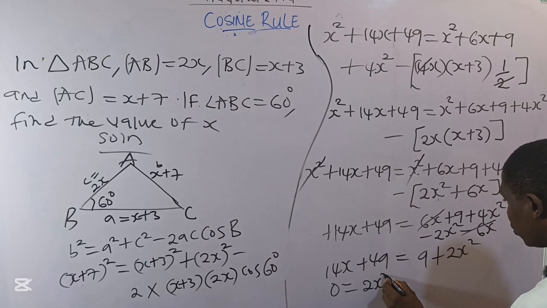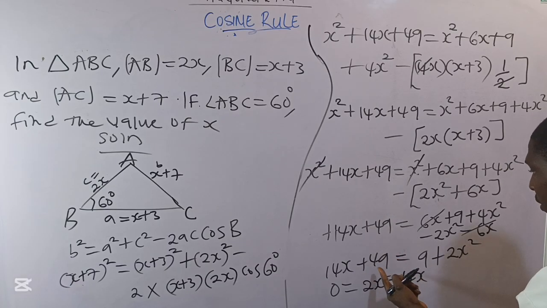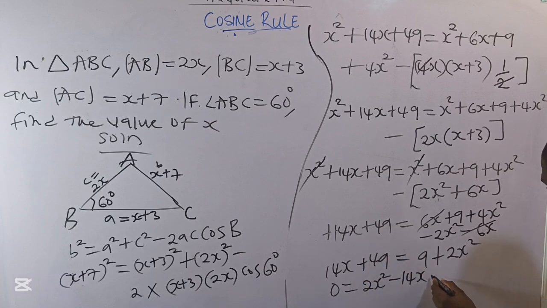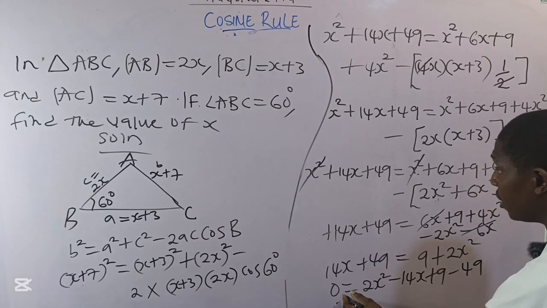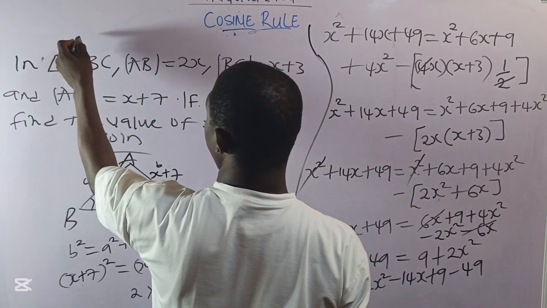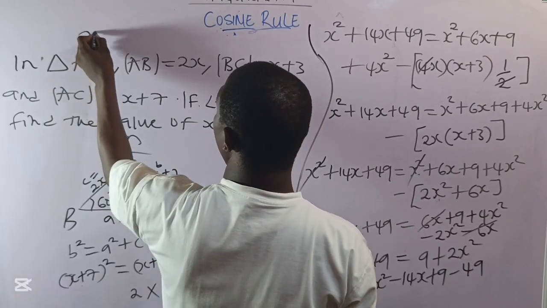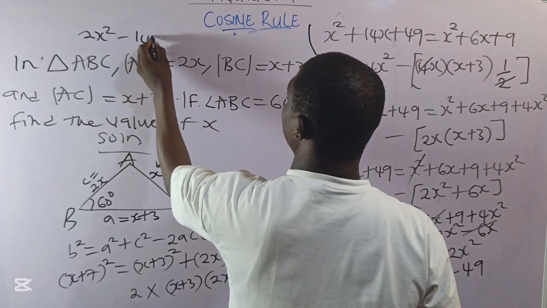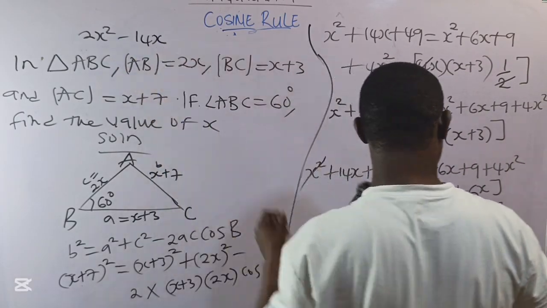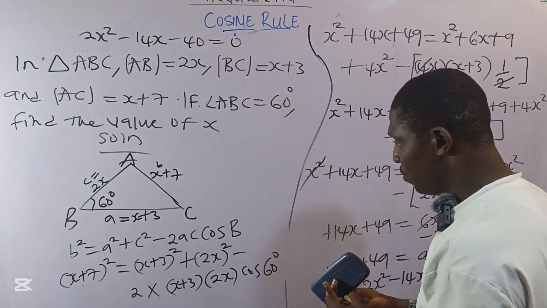So I have 2s squared minus 14s, plus 9, this will not move, minus 49. This gives me 2s squared minus 14s. 9 minus 49 gives me minus 40, equal to 0.